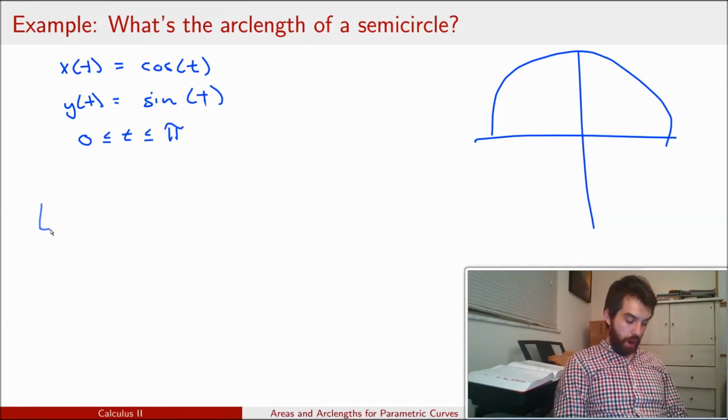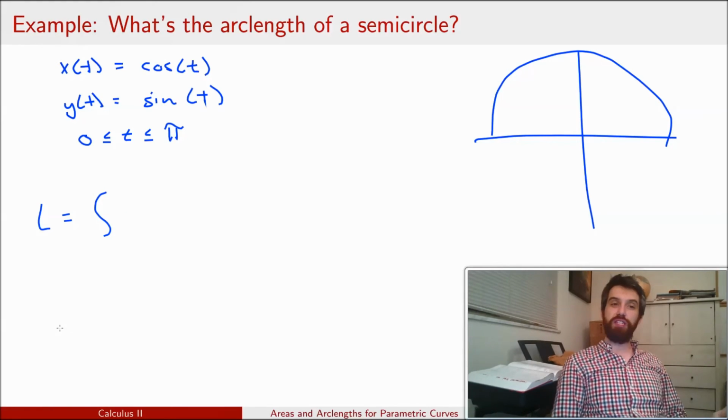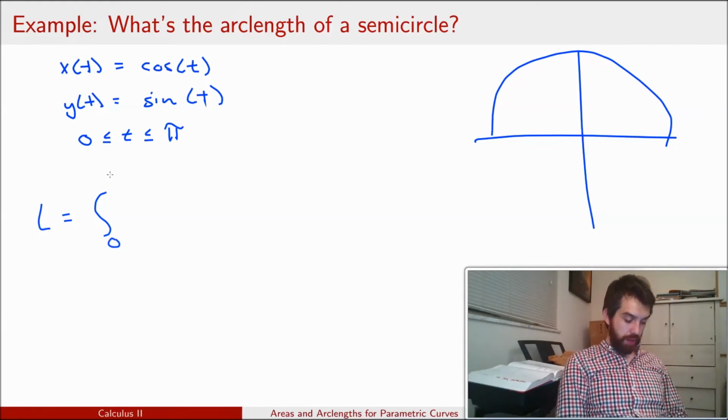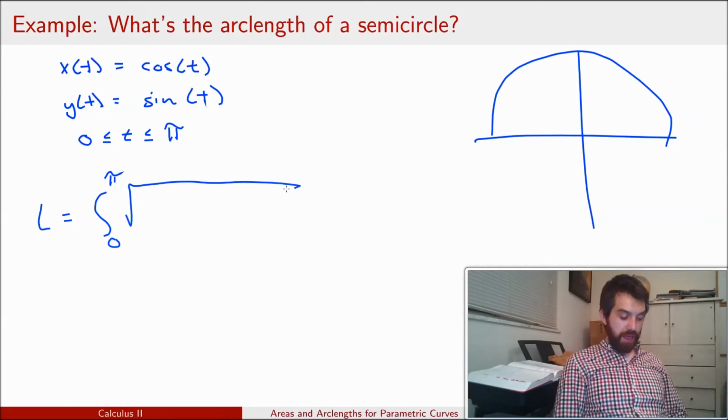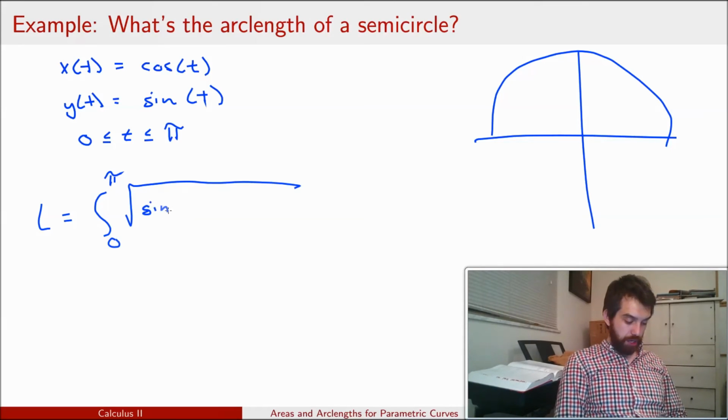Now, arc length was given by our formula, so let's try to put in all the different components of it. First of all, I have to give the t value at the start and the t value at the end. So this is 0 up to pi. Next up, square root, and then I have to put in the derivative of x squared. The derivative of cosine is minus sine. That's squared, the minus sign goes away, and it's just going to be sine squared of t.